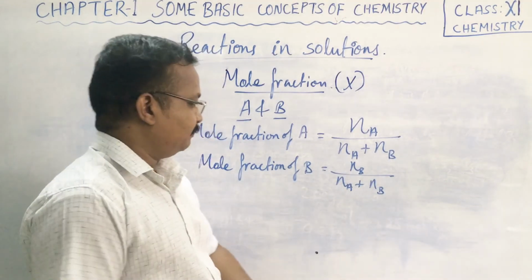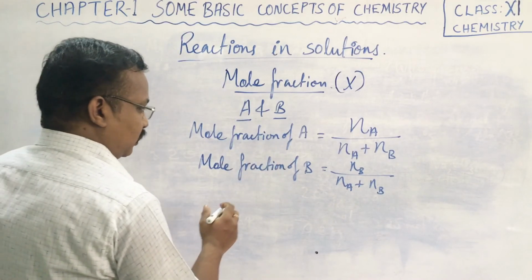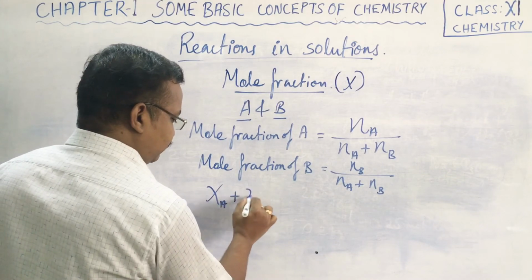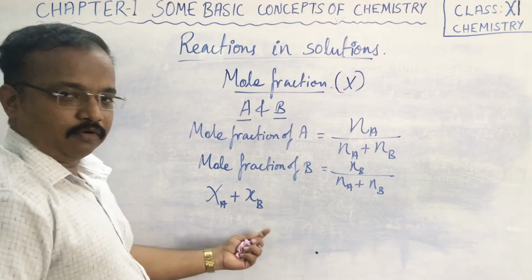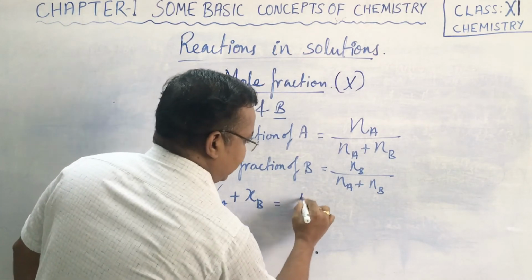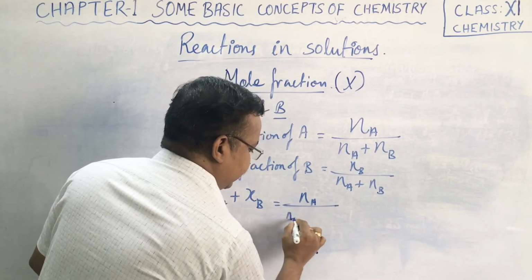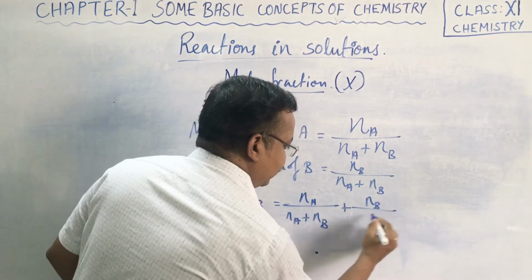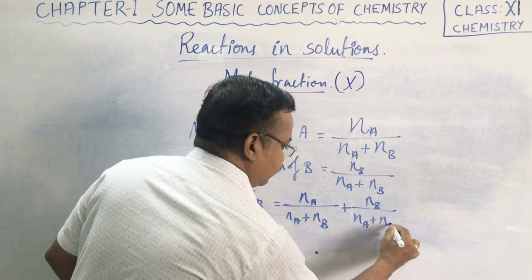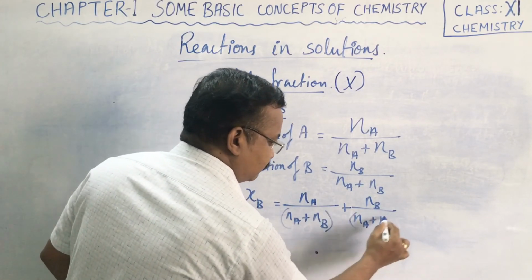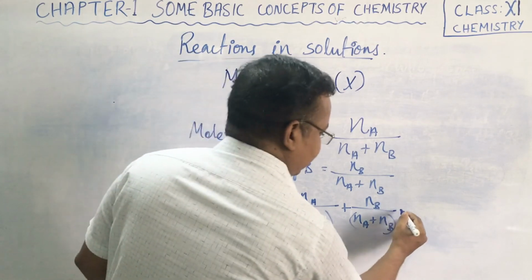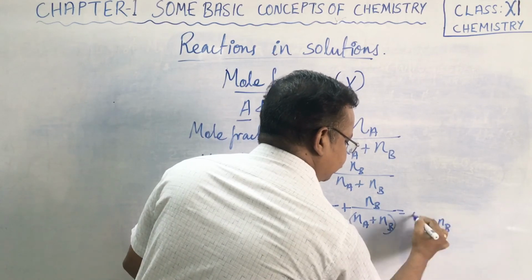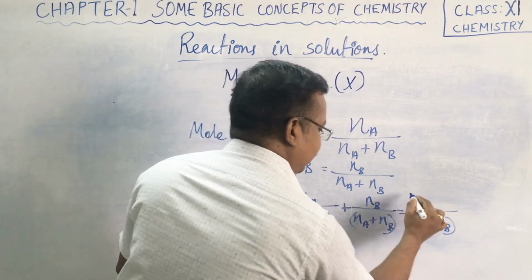Now if you add XA and XB, that is nA divided by nA plus nB, plus nB divided by nA plus nB. The denominator nA plus nB is the same, so we can write it as nA plus nB on top, over nA plus nB.